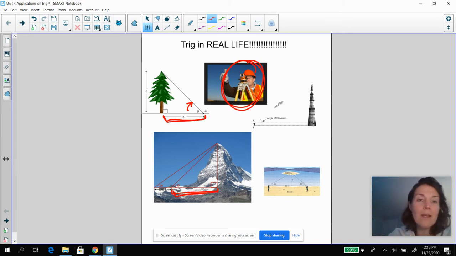So I can determine with my nice little right angle what the height of that tree or mountain is, which is pretty cool. All the stats we know about super tall buildings, mountains, and trees, we know because of trigonometry, which is pretty amazing.